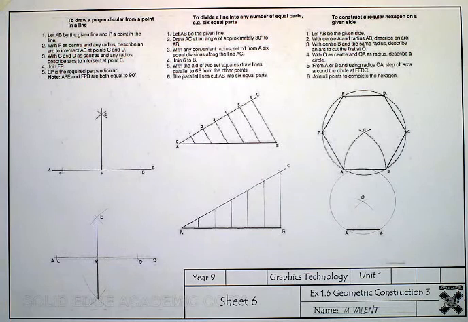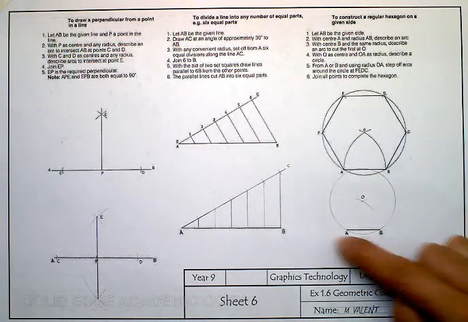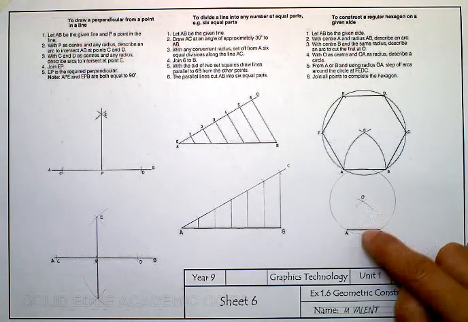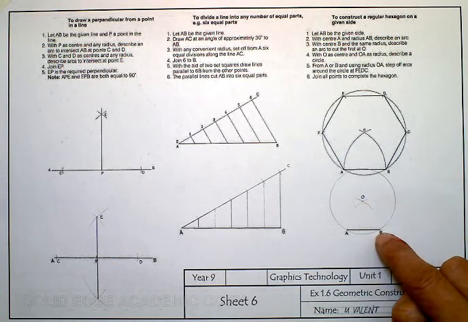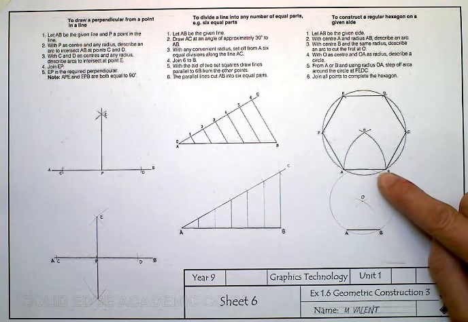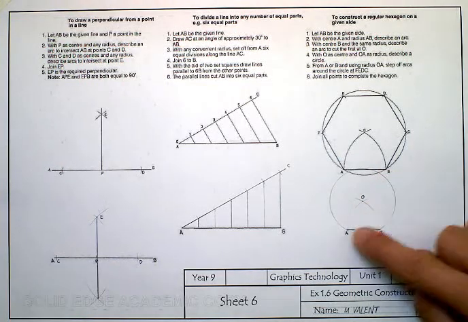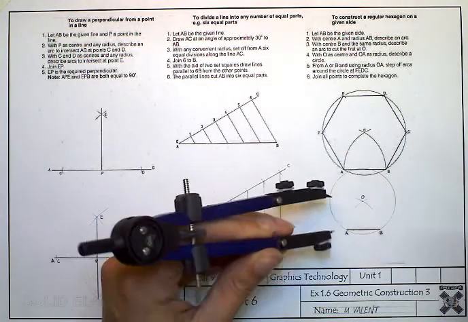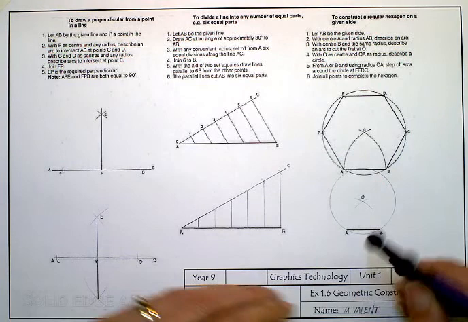Okay, we've made that circle, and the radius of that circle is obviously equal to the length AB. You'll notice it crosses over the example, don't worry about that. Now, keeping that same radius on the compass, we need to mark off around the circle.